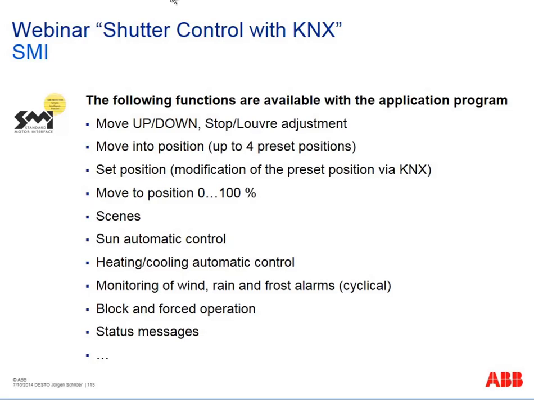The software application of these SMI actuators is the same as in our standard 230 volt motors. So we can drive it up and down, position, scenes, the sun automatic, the tracking of the sun, the heating, cooling, the wind alarm, the blocked forced operation, and so on. So this software or the functionality is the same as our standard actuators.